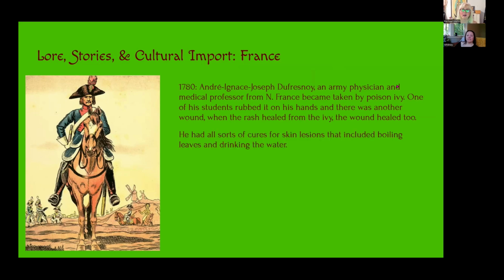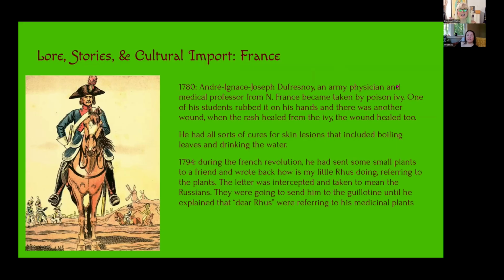Okay, so this Dufresnoy had all sorts of cures for skin lesions, including boiling leaves and drinking the water. All sorts of crazy things that he wanted to do with poison ivy. Then in 1794, during the French Revolution, he had sent some of these little poison ivy plants to a friend.